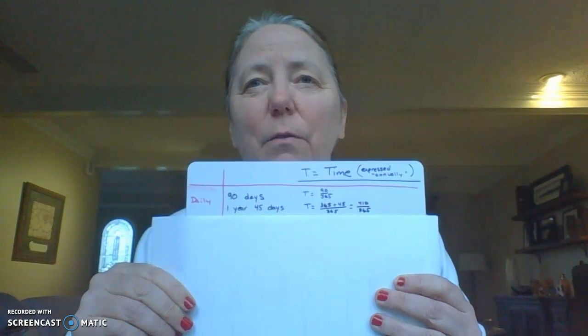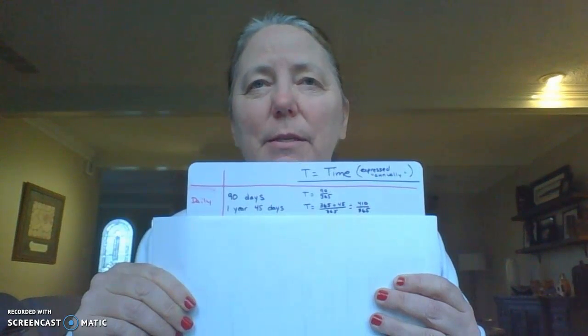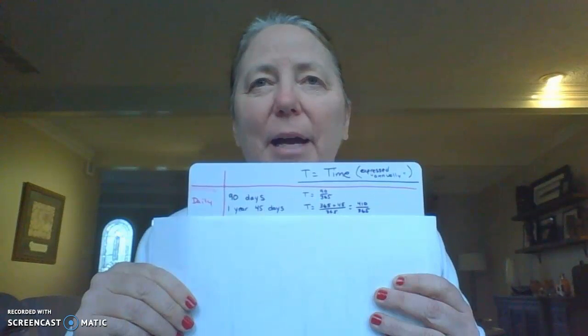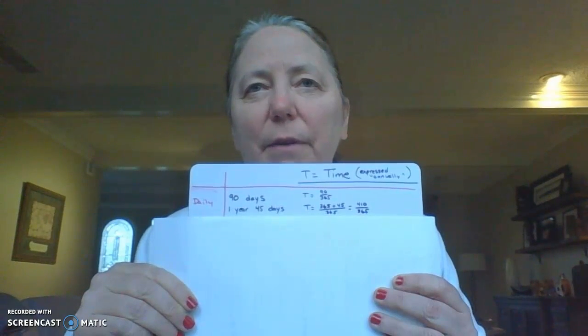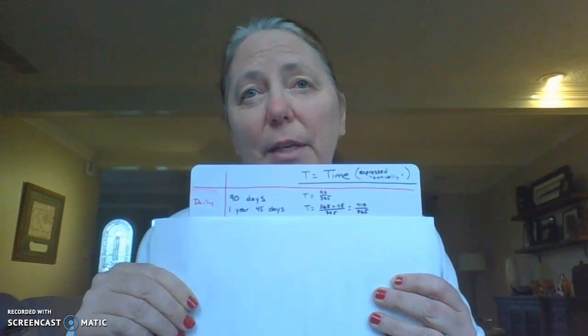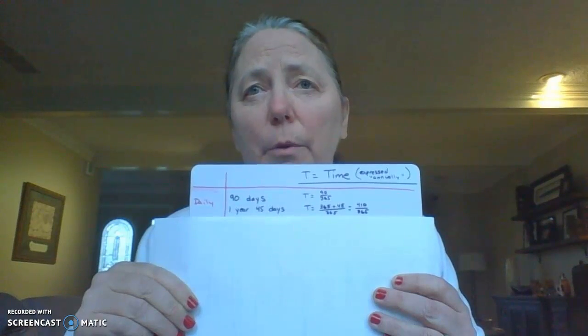If they told you it was 1 year and 45 days, it would be equal to 410 over 365, which is saying that my lowest amount is days, not years. So I'm talking in days right now. So 365 days in a year plus 45 days more would be 410 divided by 365. So your T would be that.